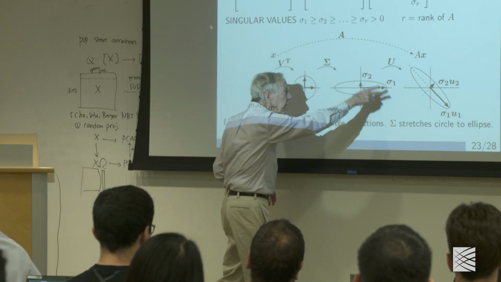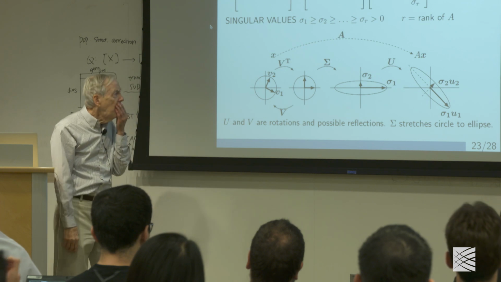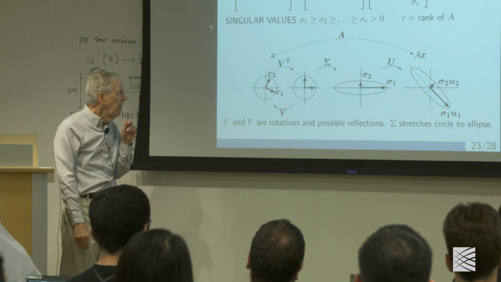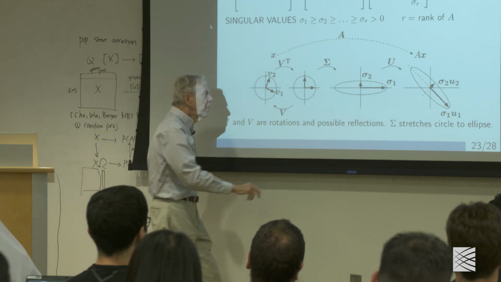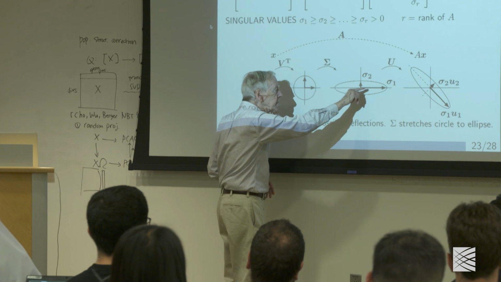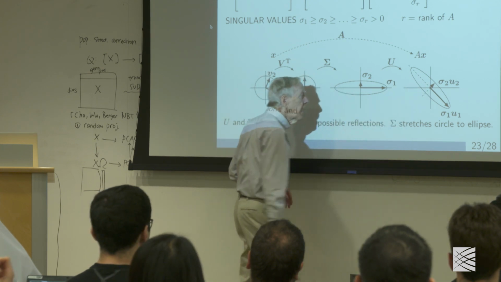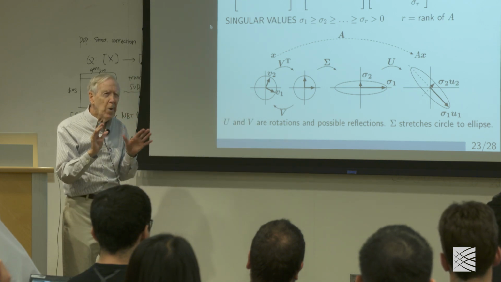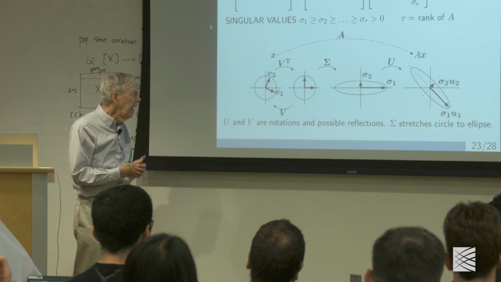Then another orthogonal matrix, and probably a different one. So if I had a 2x2 matrix, for example, there would be 1 rotation angle. There would be 2 stretch distances, two singular values. There would be another rotation angle, 1 plus 2 plus 1. That would account for 4, the number of entries a 2x2 matrix has.